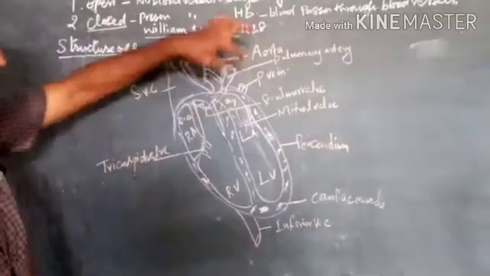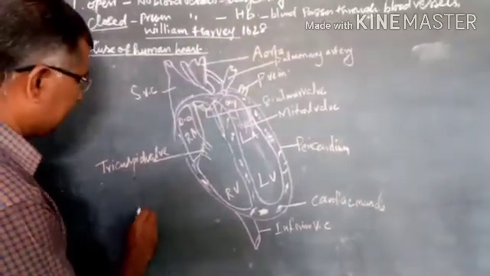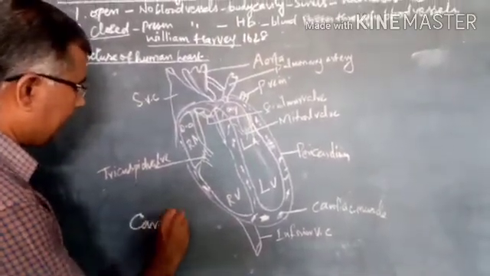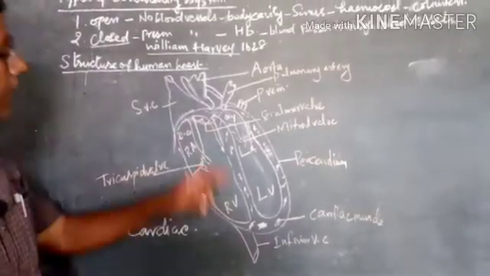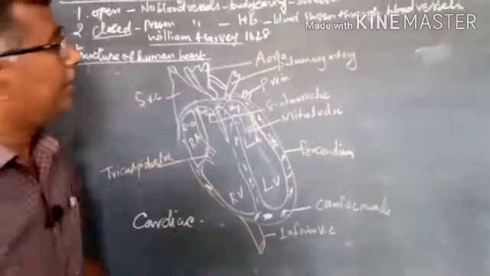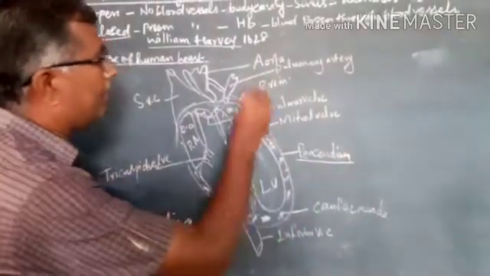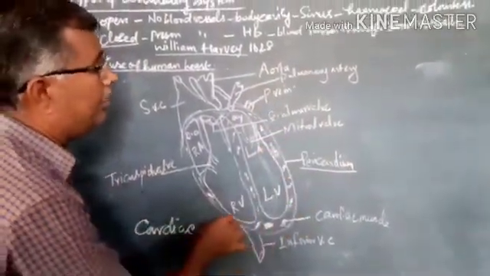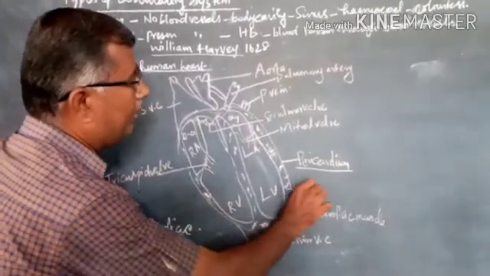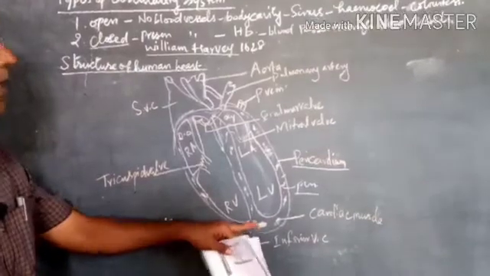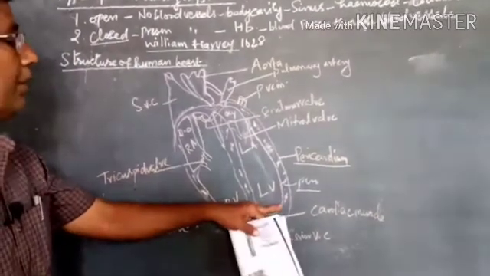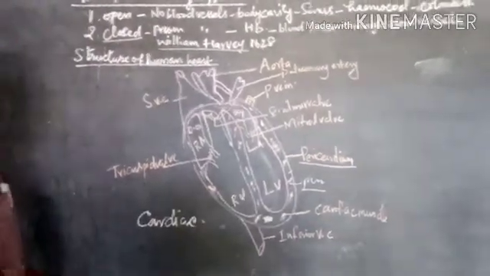The heart is made up of specialized muscles called cardiac muscles. The heart is enclosed by a double-walled membrane called the pericardium, which is filled with a fluid called pericardial fluid, which avoids friction and also acts as a shock-absorbing unit.